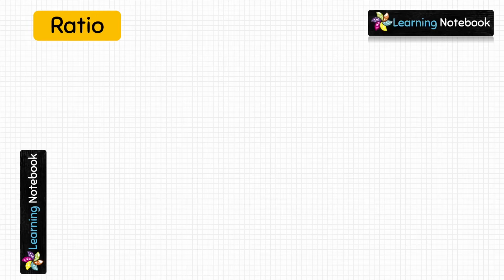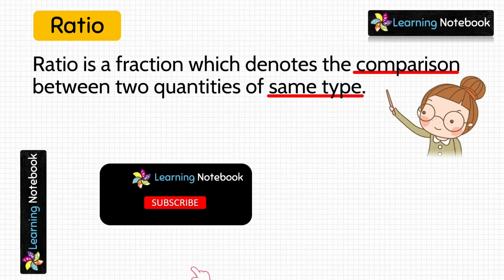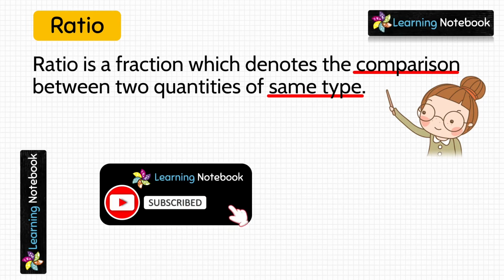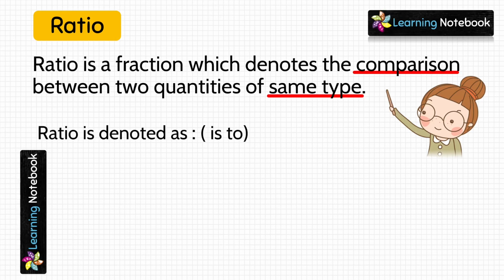So students, from this story, we have learned that ratio is a fraction which denotes the comparison between two quantities of same type. Do remember that it is the comparison of quantities of same type. Ratio is denoted as colon, which is read as 'is to'.